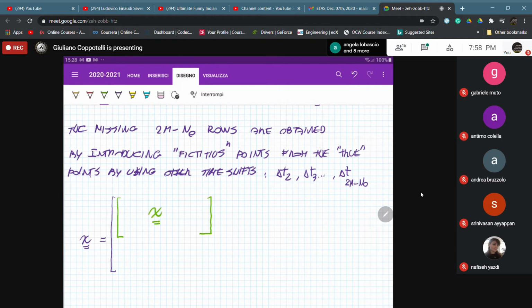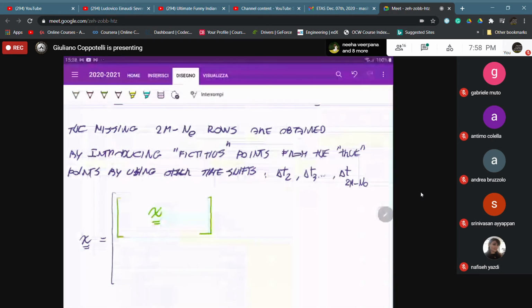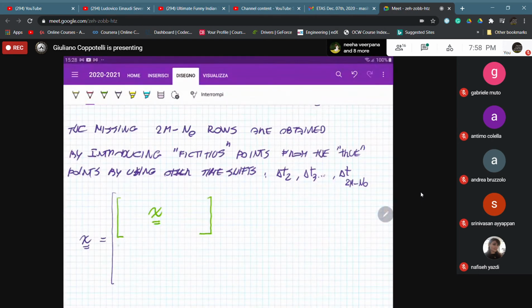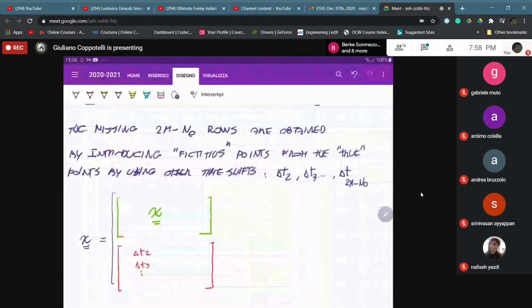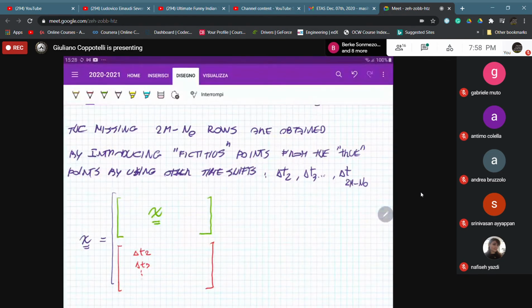And then we can think to introduce all the missing lines in order to have a square matrix like this, just by considering your delta T2, delta T3, up to delta T_2m-n_o.